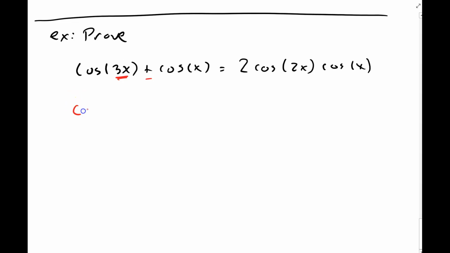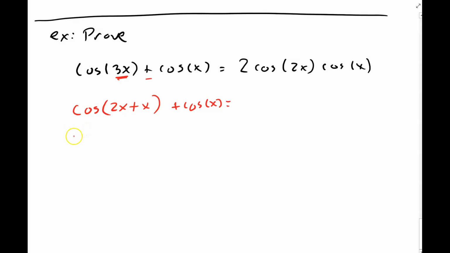Well, hopefully it would seem pretty obvious that I would just write that as cosine of 2x plus x, right? And it seems like, well, we have plus cosine there. Maybe that's going to be okay to not do anything to. Maybe I'll just leave that alone for right now. And maybe I might have to do something to it, or maybe I won't. Not totally sure right now.